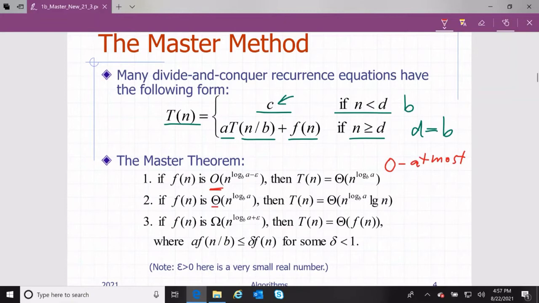Big theta means exact with regard to a little c here. Big omega means at least.